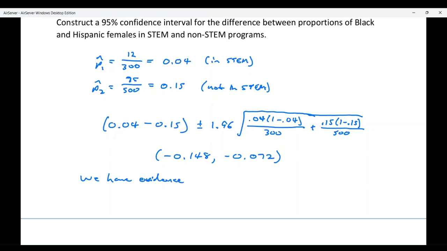When we do something like this, we would say that we have convincing evidence, statistically speaking. Now, people can refute this, people can choose not to believe it, but statistically speaking, our evidence is convincing that Black and Hispanic females are indeed underrepresented in STEM programs.